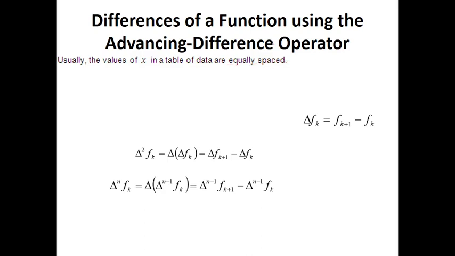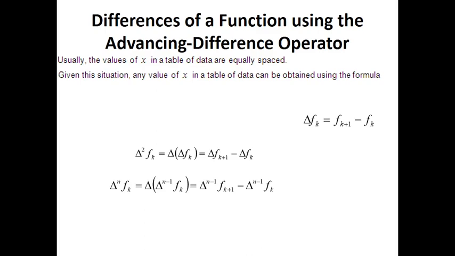Now, given this situation, any value of x in a table of data can be obtained using the formula. Okay, so this is in my previous discussion. x sub k equals x sub 0 plus kh. I have already derived this formula.